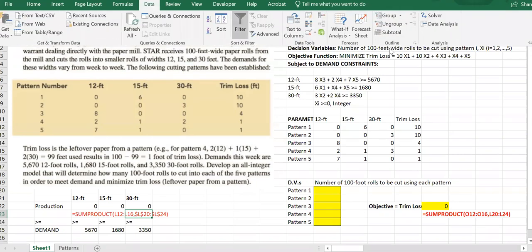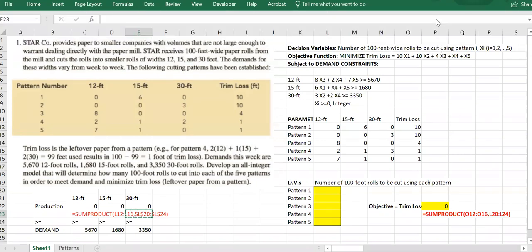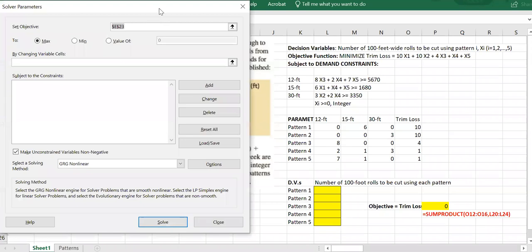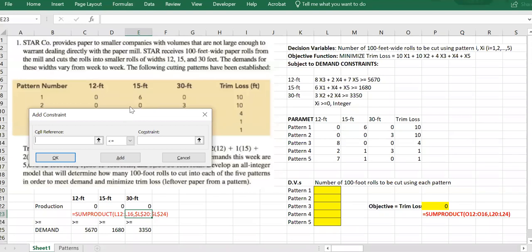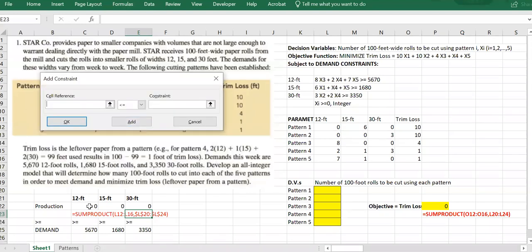We can go ahead and go to the solver and solve it, but we have to set it up first. So we want to minimize, make sure to check minimize, what? The trim loss, by changing the decision variables, subject to three constraints.